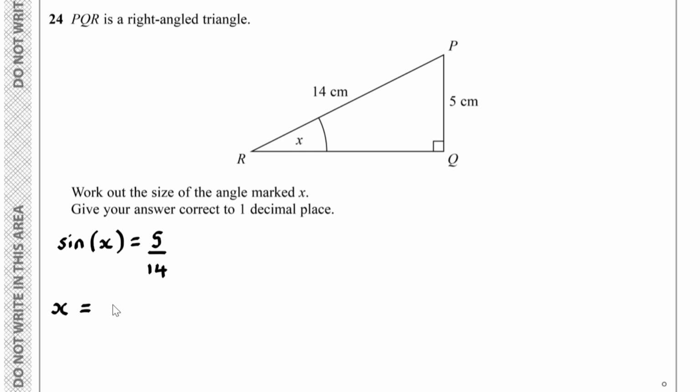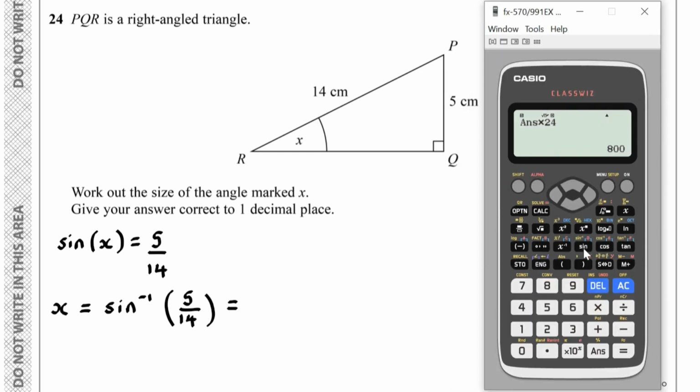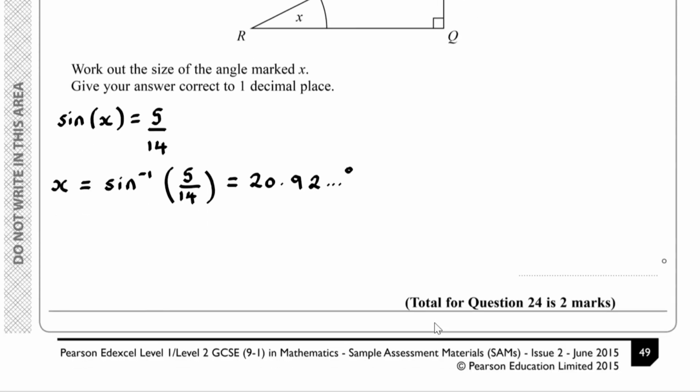X then is equal to the inverse sine of 5 over 14, and if we work this out, we would get 20.92 etc. degrees. So to 1 decimal place we've got 20.9.